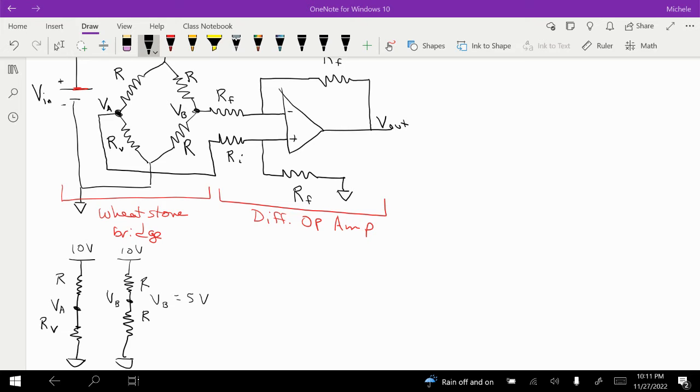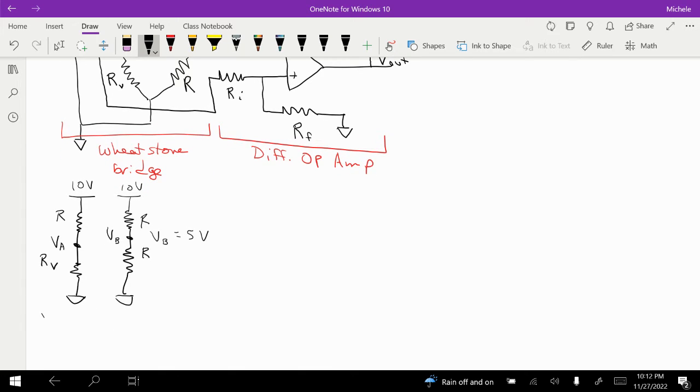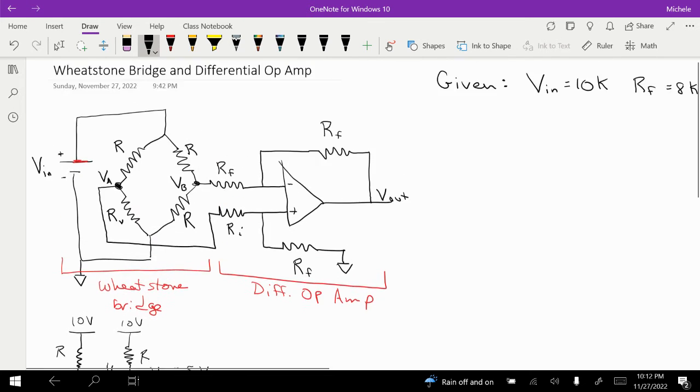Now on the left side, for VA, we're going to use the voltage divider equation, and we're going to say 10 volts, the supply voltage, times R2, which in our case is RV, the bottom one, divided by R plus RV. And if we work that out, I'll show you our givens.